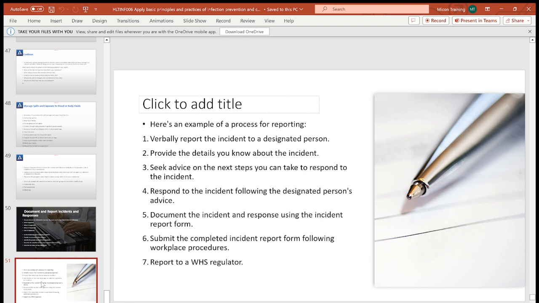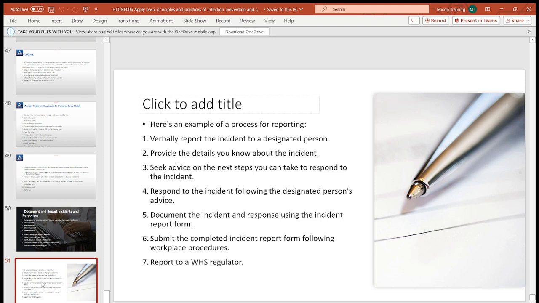Here is an example of the process of reporting the incident. Sometimes we can report an incident verbally to the designated person. We can provide details about the incident. We can seek advice on the next step to take when we report the incident, and respond to the incident following the designated person's advice.